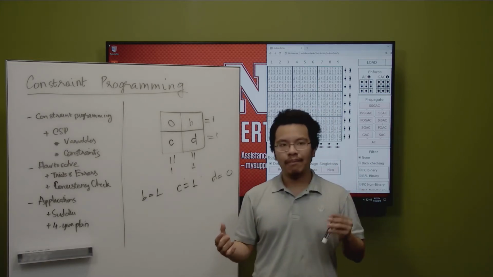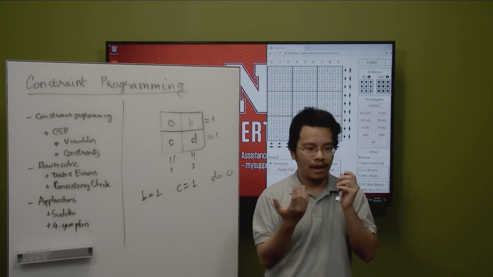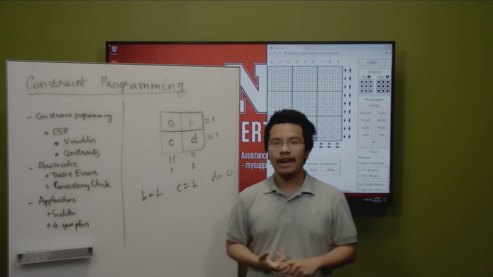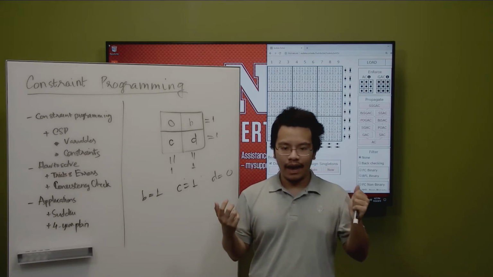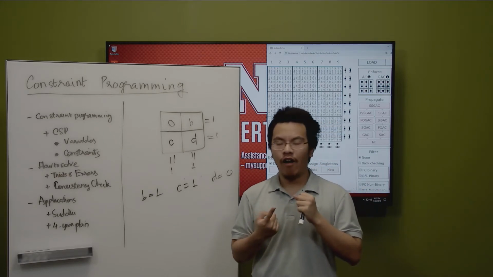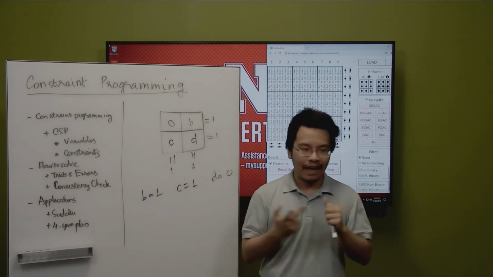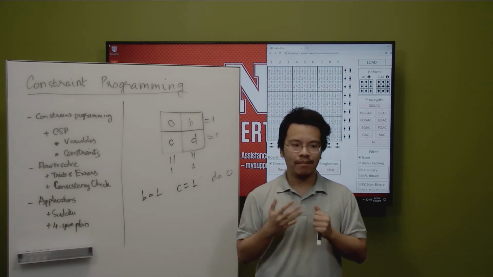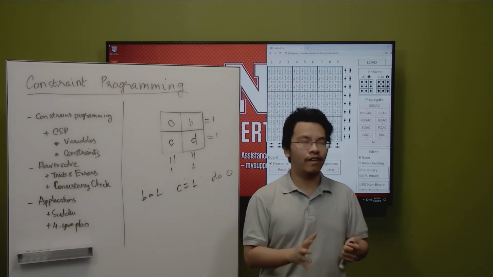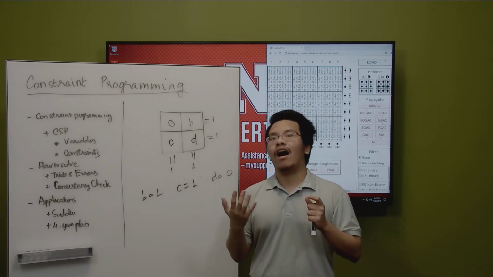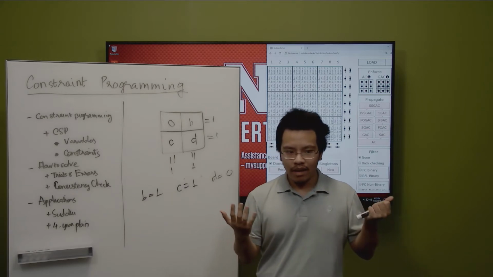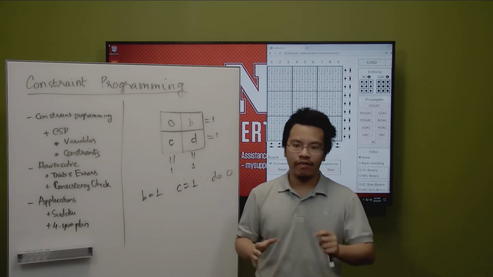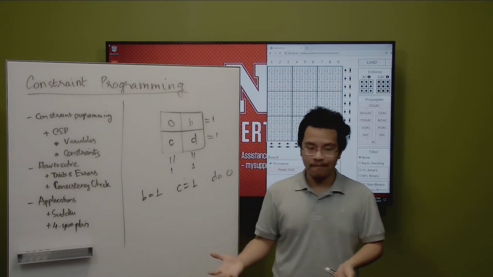The domain will be the classes offered by UNL, and the constraints can be the requirements for graduation. It can be what classes you like. It can be the availability of each class, like some classes are only offered in some semesters. It can be the prerequisites, like you have to take Math 100 before taking Math 200.